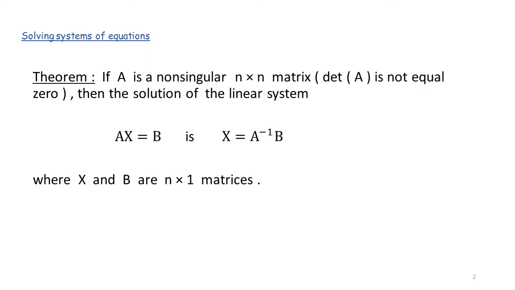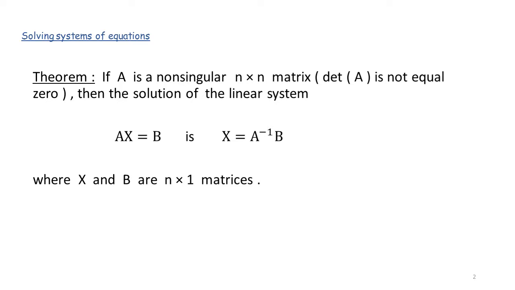Theorem. If A is a non-singular matrix, n cross n matrix, determinant A is not equal to 0, then the solution of the linear system Ax equal to B is x equal to A inverse multiply B, where x and B are n cross 1 matrices.